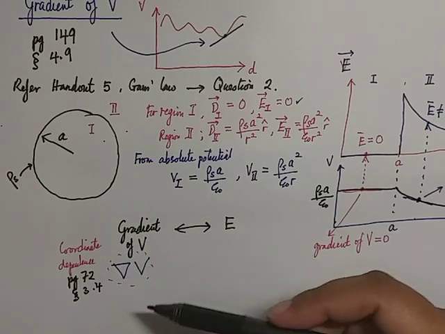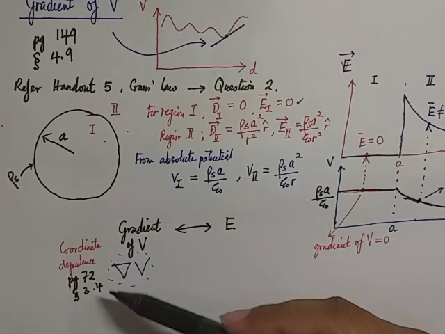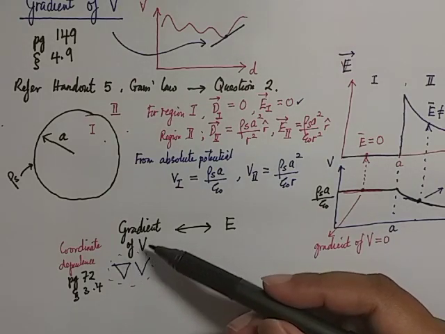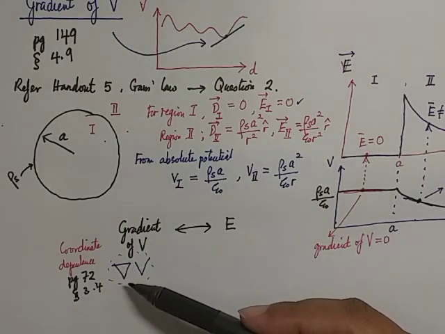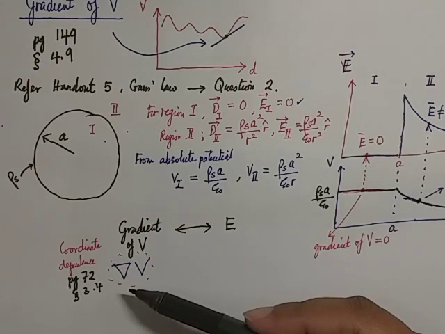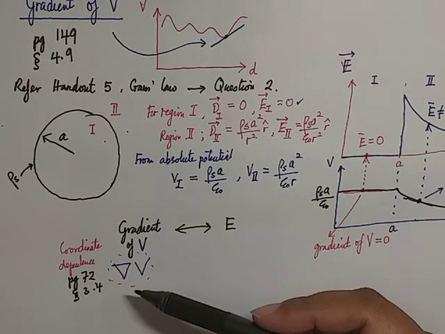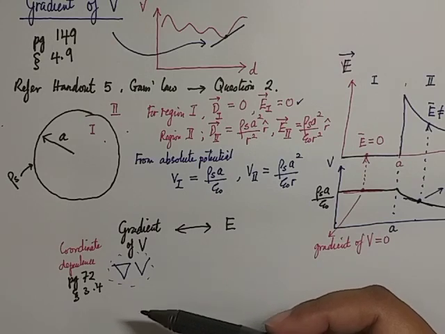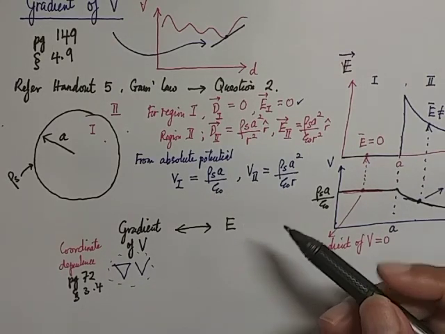Okay, so we know the symbol given for gradient of V, and from the symbol itself, we know that this term is coordinate dependent, and there are three different coordinate systems.